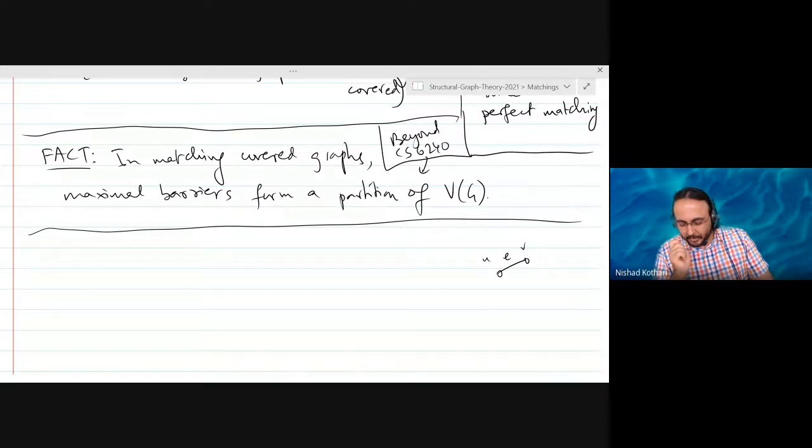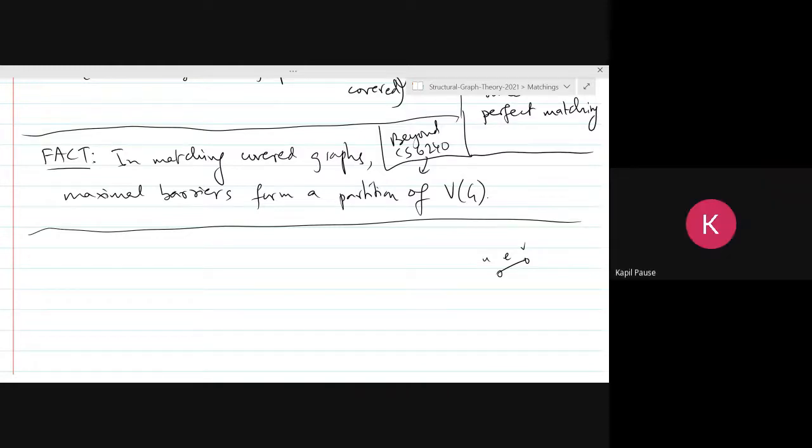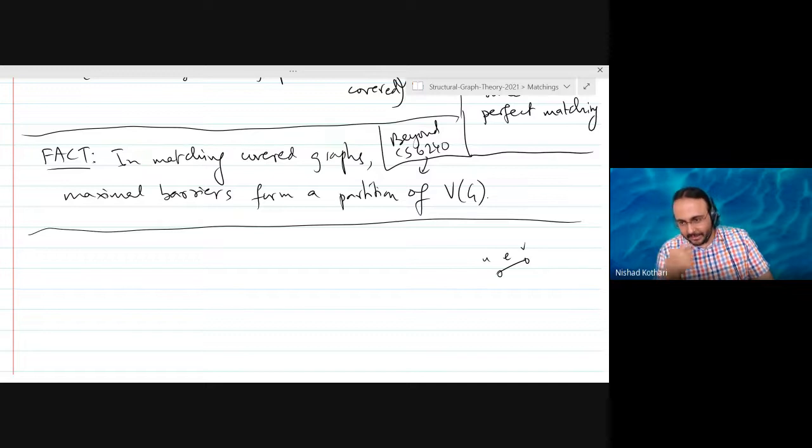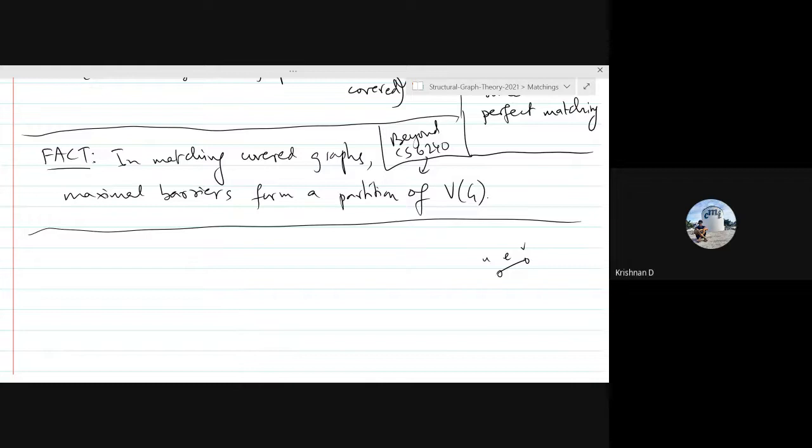Do you want to remove the edge, or the two vertices that are the ends of that edge? Two vertices, yes. So you remove the two vertices and check whether the remaining graph has a perfect matching. That you can do in polynomial time. So you can check that a graph is matching covered in polynomial time.